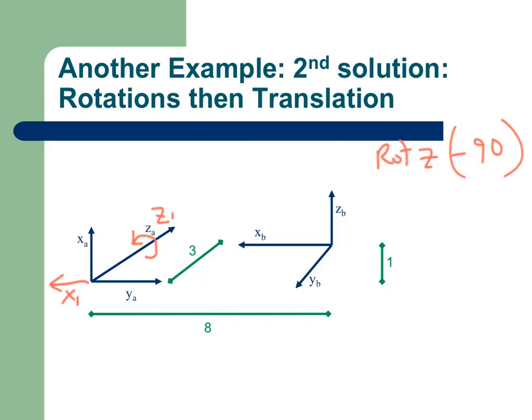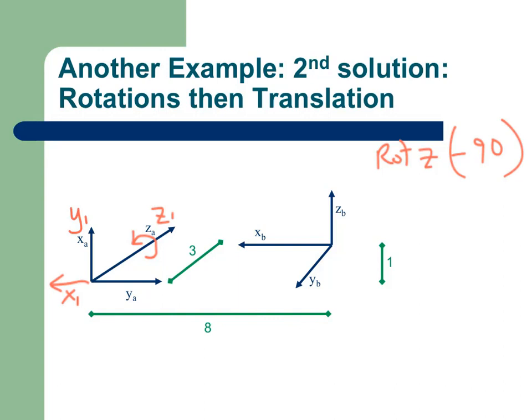So this arrow here, right, this line here is both x for A, but it's also the y for the one frame, okay?